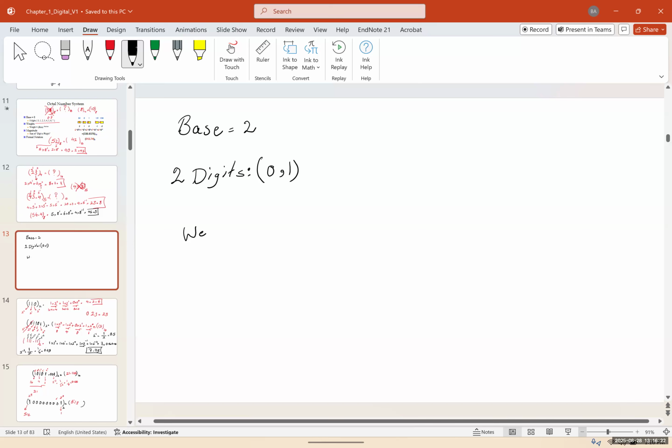And the weight in a binary system is equal to the base to the power of the position. And the magnitude, again, is the sum of the digit times the weight.